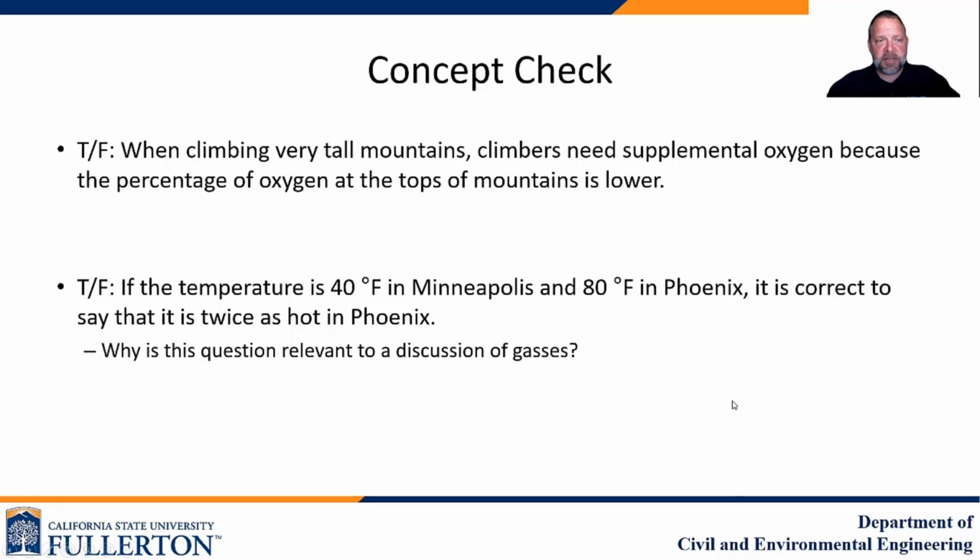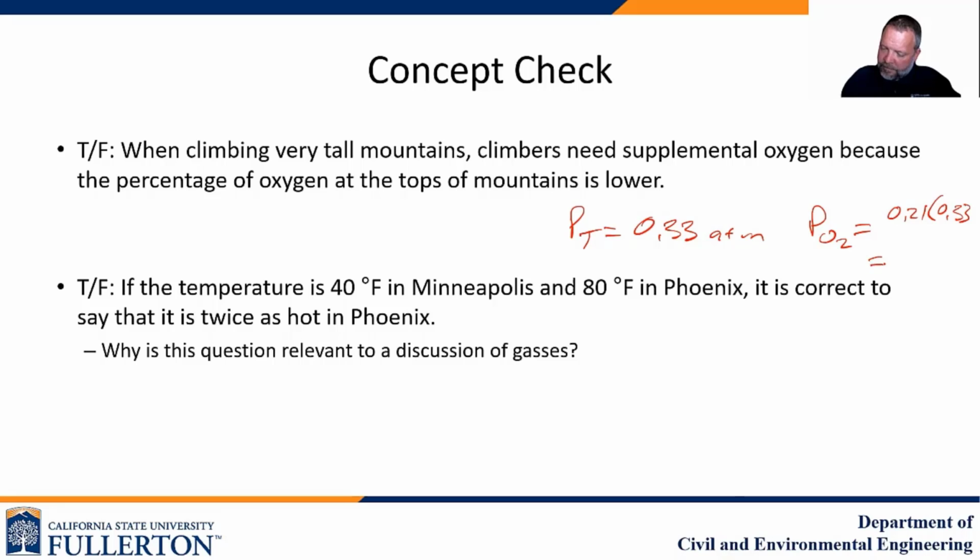So we mentioned partial pressure. The total pressure, like we said before, drops to 0.33 atmospheres. So the partial pressure of oxygen is going to be that 21% that we expect times 0.33.